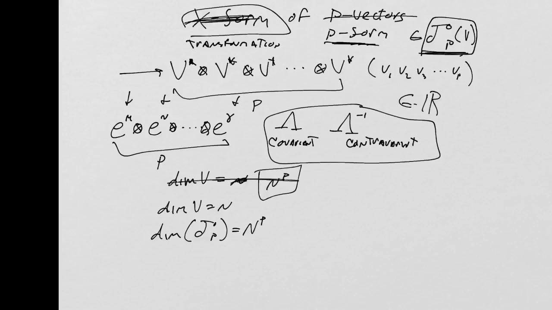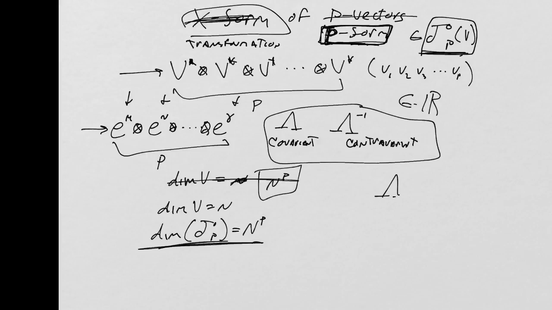But since we're talking about p-forms, we know that this isn't right, because, well, we know that this is correct, that's the true statement, but we know that we're dealing with something totally different. Because it's a p-form, because it's totally antisymmetric, the coefficients in this basis tend to align in such a way that it reduces the number of basis elements of the subspace that the p-form really lives in.